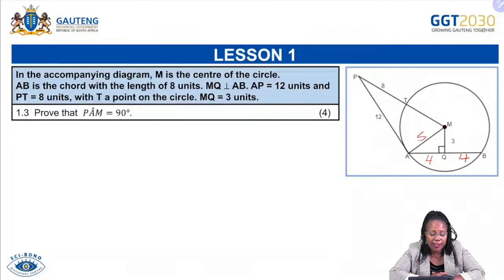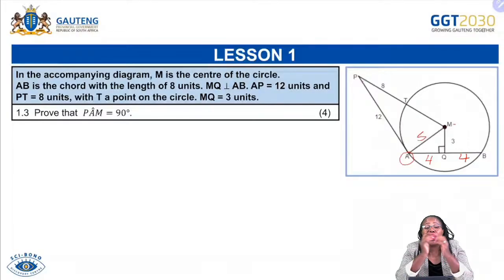1.3, prove that angle PAM, this angle here, is equal to 90 degrees. That means we are actually proving that this triangle PAM is a right angle triangle because we are proving 90 degrees.